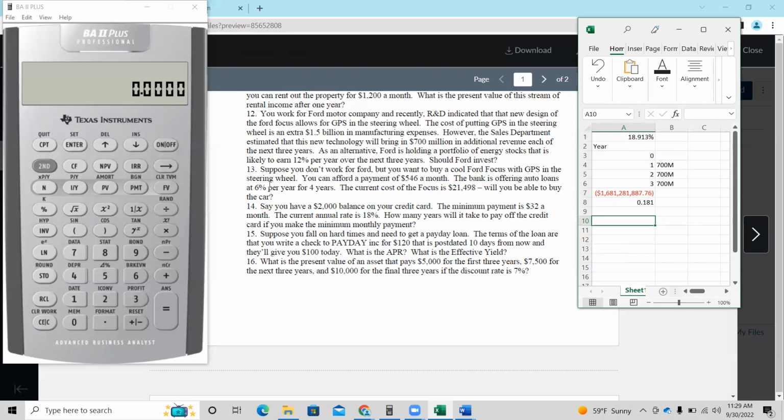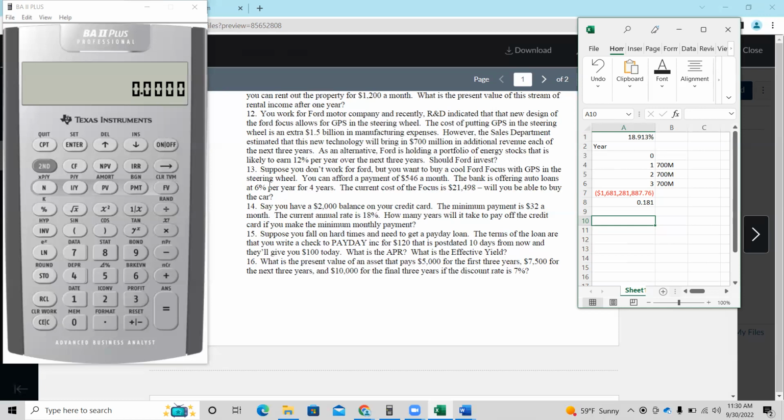Humans should make the decision, and those decisions should not just be made based strictly on numbers, but also some intuition. Who wants a GPS in the steering wheel, and all of a sudden, if you get in a rear end accident and your airbag comes out, you're going to have the GPS unit smash up against your face? This is a horrible idea. I would not invest in the GPS, even though the numbers tell us to.